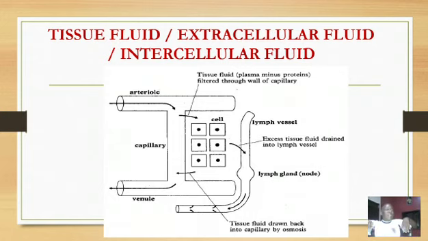Extracellular means this fluid is found outside the cells. But remember, because a group of cells is what we are calling a tissue, that is why we are calling it tissue fluid or extracellular fluid. And we've seen that its process of formation involves ultrafiltration.